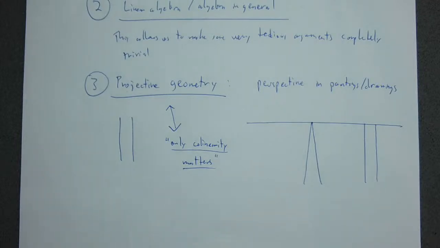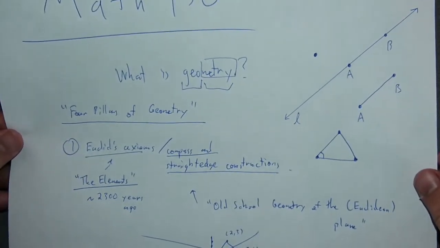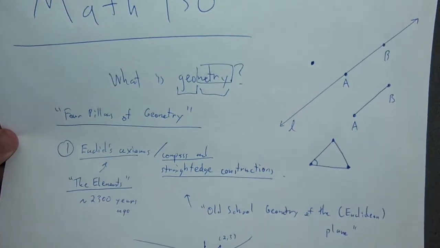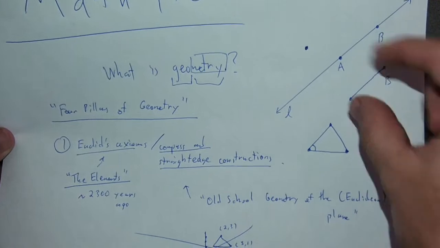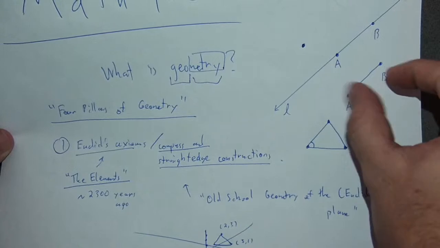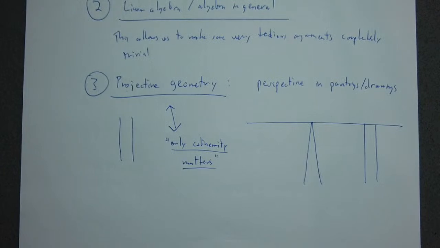Only collinearity mattering means that in projective geometry, the things that we can talk about, let me bring back my sheet here. In typical Euclidean geometry, the things I could talk about are points, I can always talk about points. I can talk about line segments. The second I can talk about line segments, I can talk about their length, so distance between two points. I can talk about angles. Well, it turns out in projective geometry, those things don't really make that much sense.